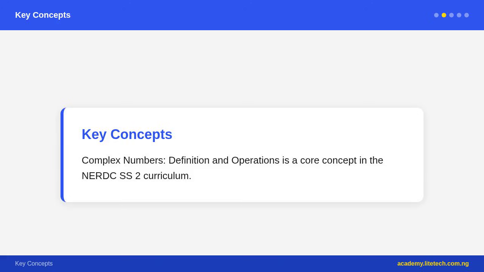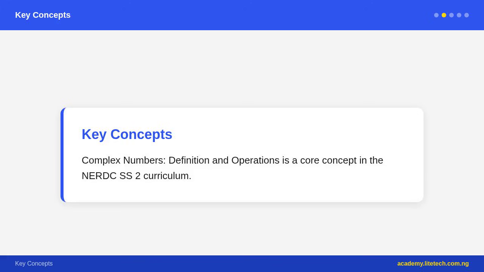Two complex numbers z1 equals a plus bi and z2 equals c plus di are equal if and only if a equals c and b equals d: real parts equal and imaginary parts equal. Addition and subtraction: add or subtract real and imaginary parts separately. (a plus bi) plus (c plus di) equals (a plus c) plus (b plus d)i. (a plus bi) minus (c plus di) equals (a minus c) plus (b minus d)i.